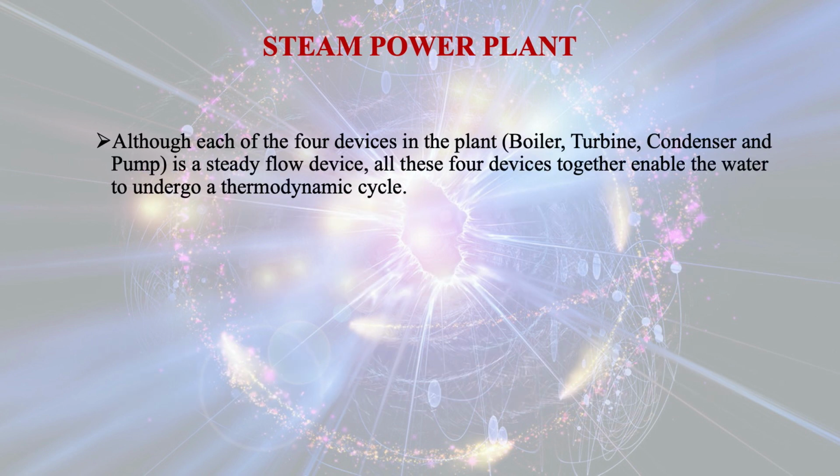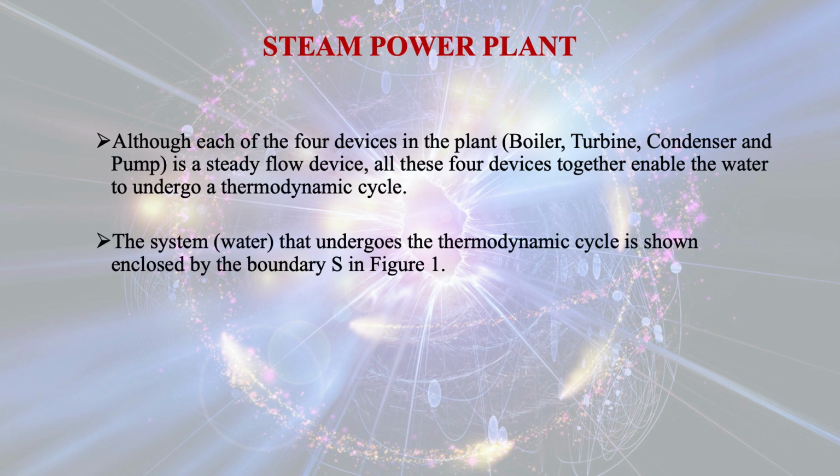Although each of the four devices in the plant, boiler, turbine, condenser and pump, is a steady flow device, all these four devices together enable the water to undergo a thermodynamic cycle. The system, that is water, that undergoes the thermodynamic cycle is shown enclosed by the boundary S in figure 1.